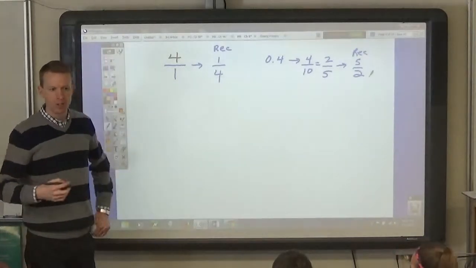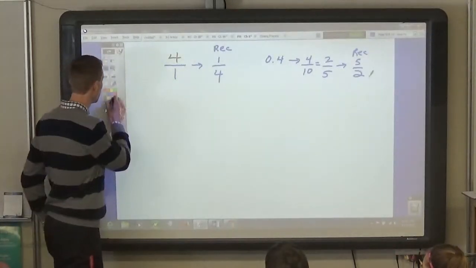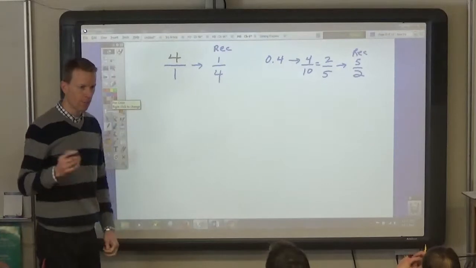Now, here's how we're going to use this. When you're dividing fractions, everybody write this down.